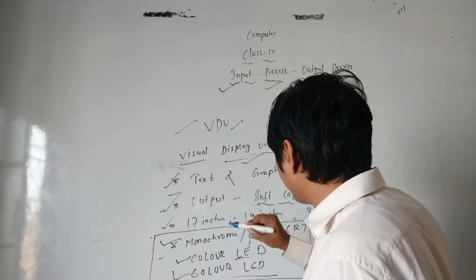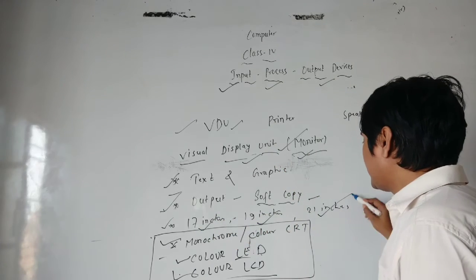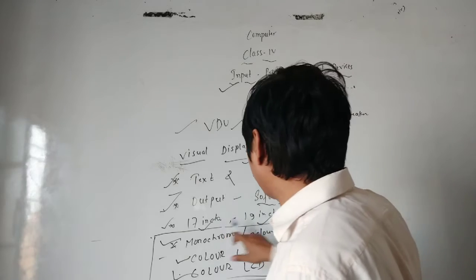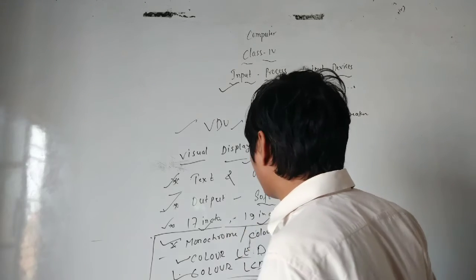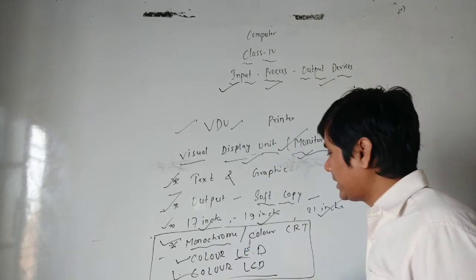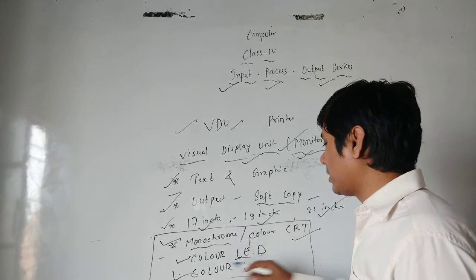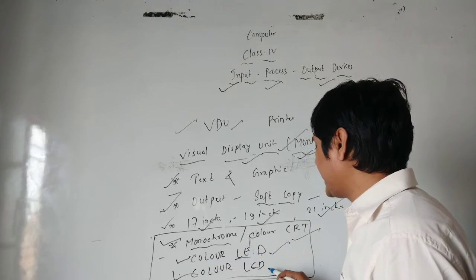VDUs are of different sizes, and on the basis of color we can classify them into three groups: monochrome or color CRT, color LED and color LCD.